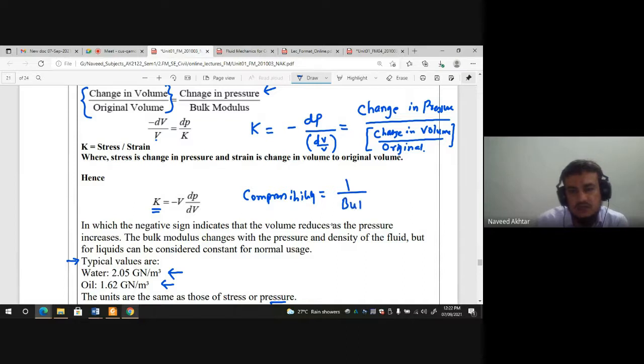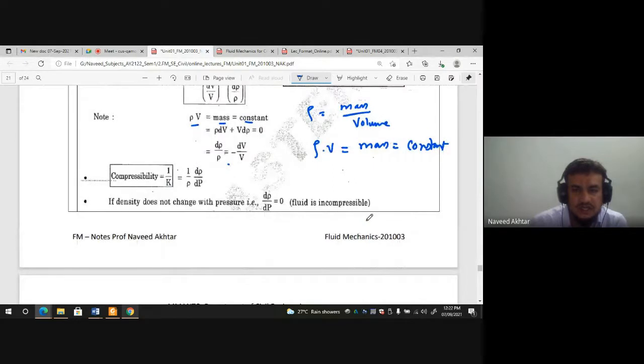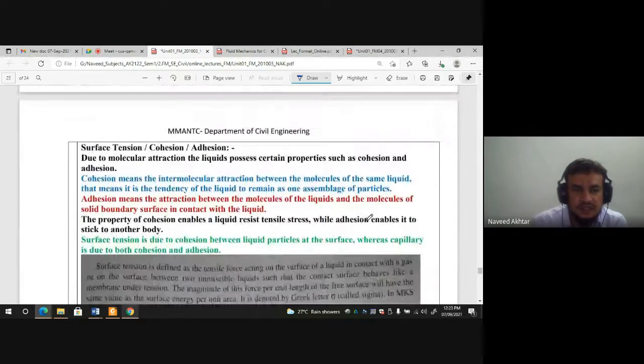We have the bulk modulus, and the inverse of that bulk modulus is your compressibility.